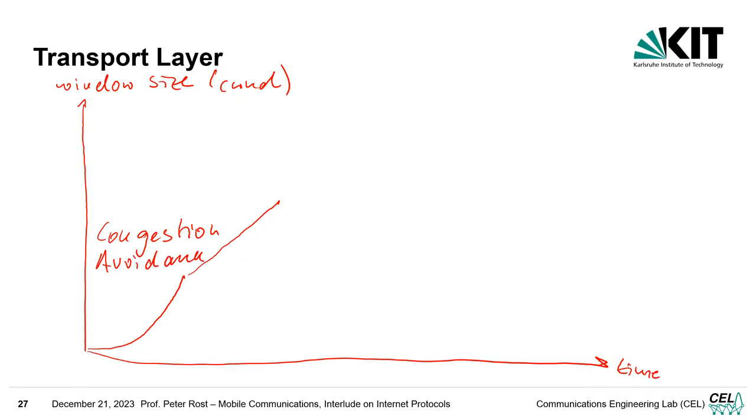And then at some point you run into a packet drop, where you just miss the acknowledgement from the destination. And then you go down as you reduce the window size. That means you lower the rate with which you put data on your link, and you go into the so-called fast recovery, until you again have a packet drop or even a timeout, and then you would go down again to window size 0.